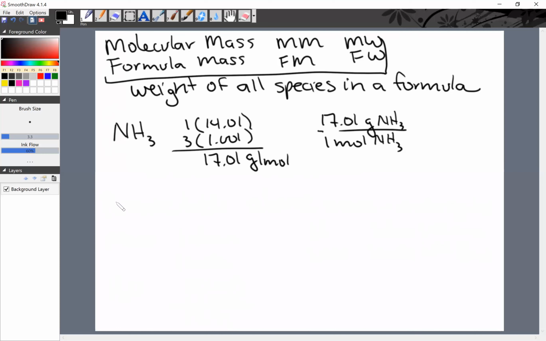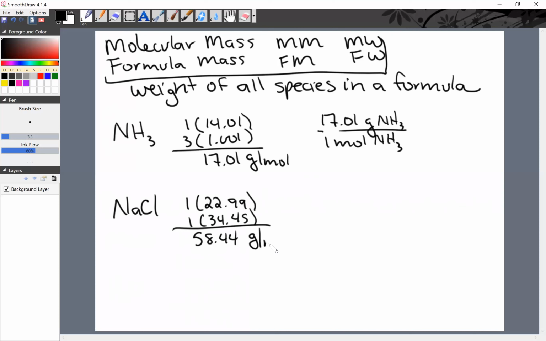All right, what if it's a salt? There is absolutely no difference. The terminology changes a little bit. This isn't a molecule of salt, it's called a formula unit. But you would do the same thing. 1 sodium is 22.99, and 1 chlorine is 34.45. So if you add them together, it's 58.44 grams per mole.